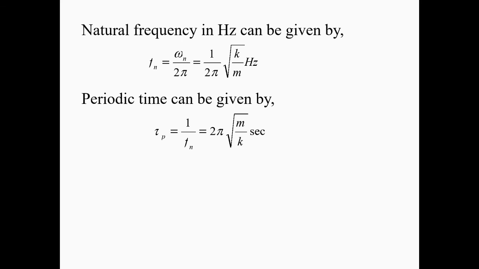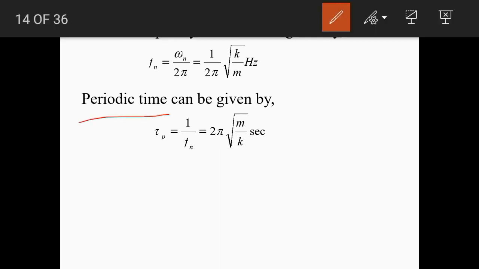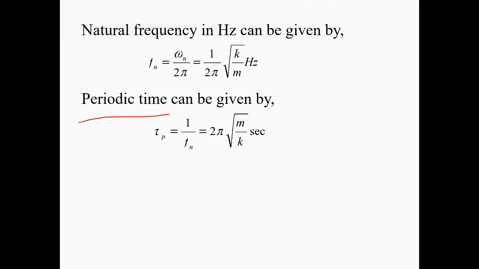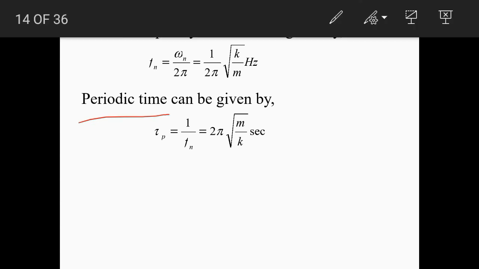Now periodic time is another important parameter, and we already know that it is the time taken to complete one cycle. So it is the reciprocal of the natural frequency in hertz, because hertz is cycles per second, and we need to find the periodic time in seconds per cycle, that is, the time taken to complete one cycle.